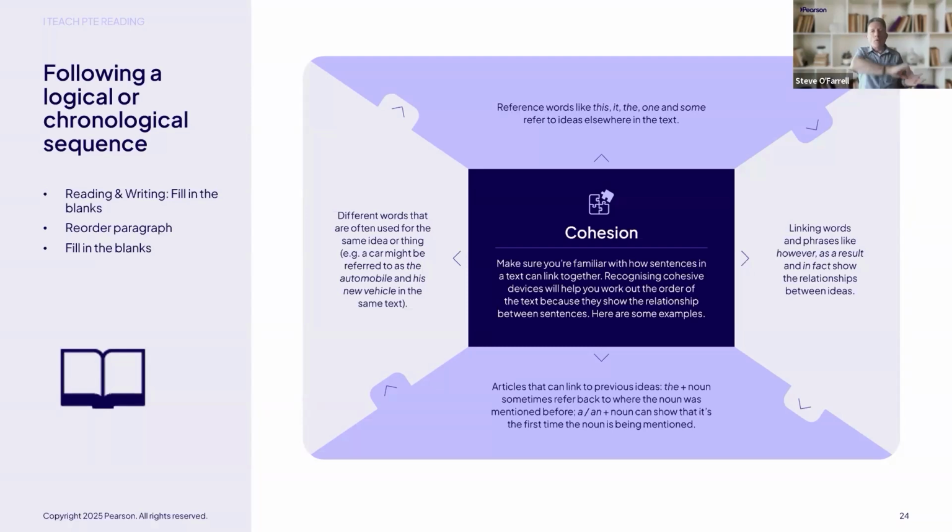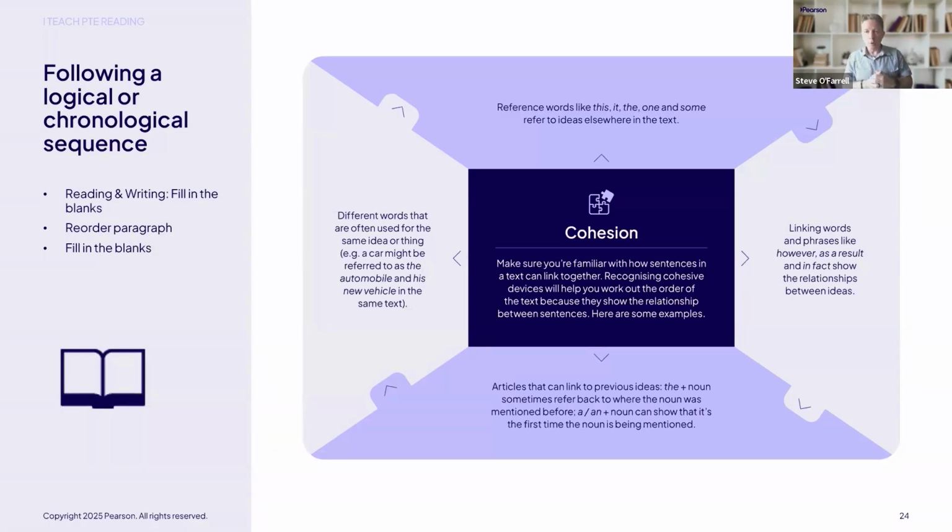So if I start off on the right-hand side, linking words and phrases, such as however. He went out the front door and closed it, and he forgot his keys. However, the back window was open and he was able to climb in and get his keys back. So we have the word however. It gives a very logical follow-on sentence there.